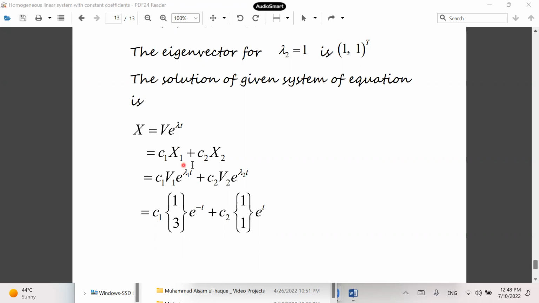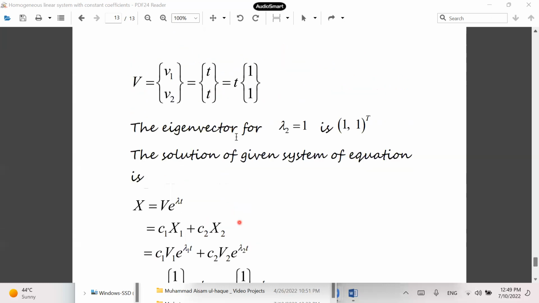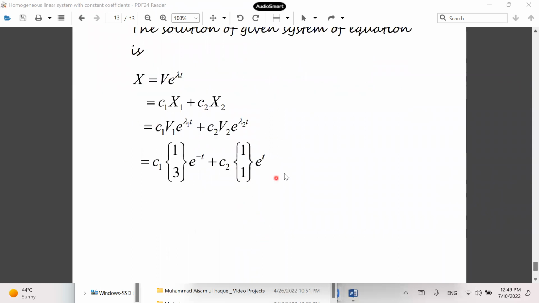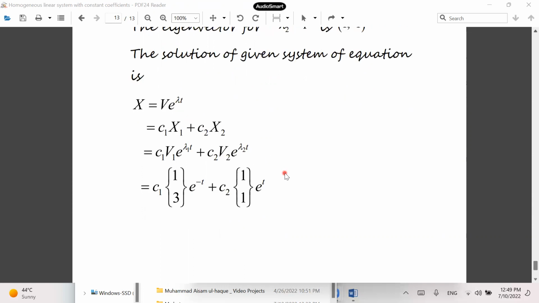So c1 x1 plus c2 x2. x1 is v1 into e power lambda 1 t, and x2 is v2 into e power lambda 2 t, where v1 is 1 and 3 e power minus 1 t, plus c2. v2 is also 1 and 1, the eigenvector, and lambda 2 is 1. So this is how we are going to write the final solution for the given homogeneous linear system.